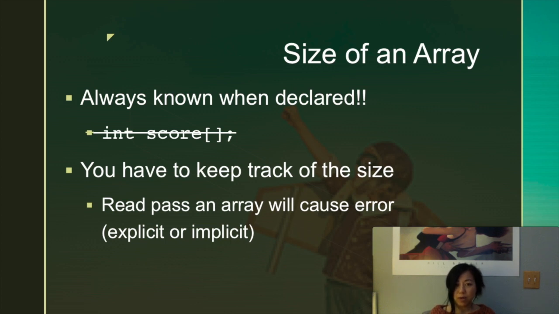So be very aware when you are playing with an array to not read past the end of it. Also, the size of an array has to be known when you declare it. So you cannot do an int score and then say that it's an array, but you don't know how many elements are there. This is going to be important for your assignment also.